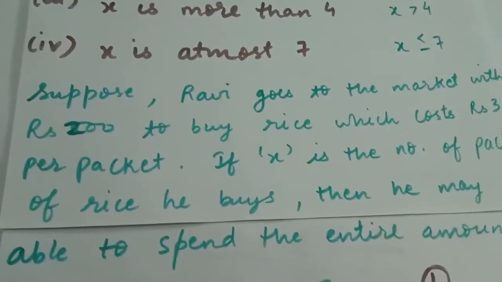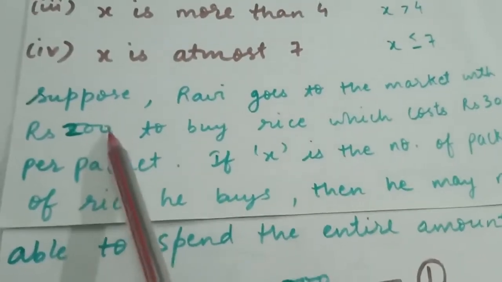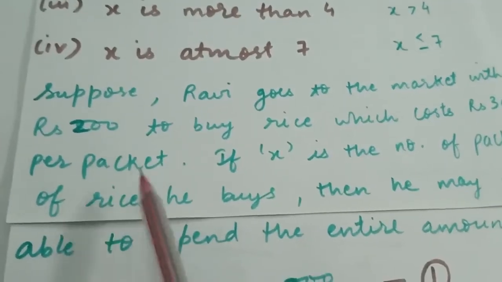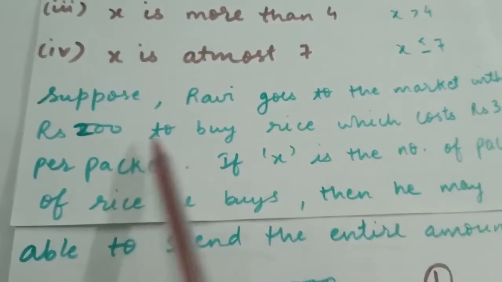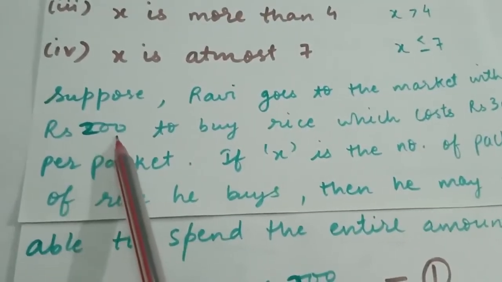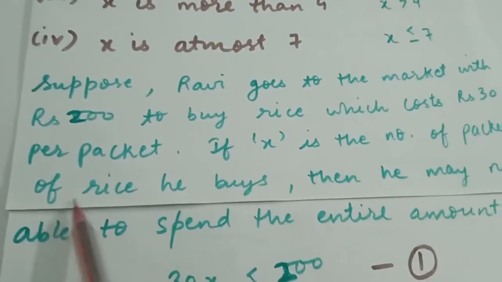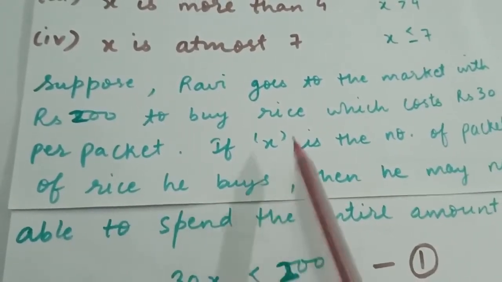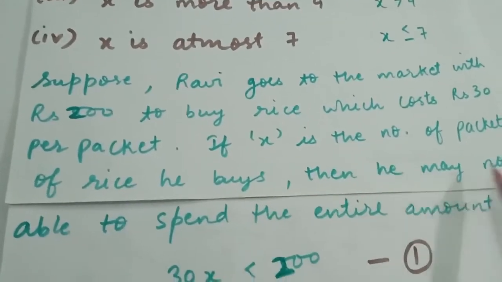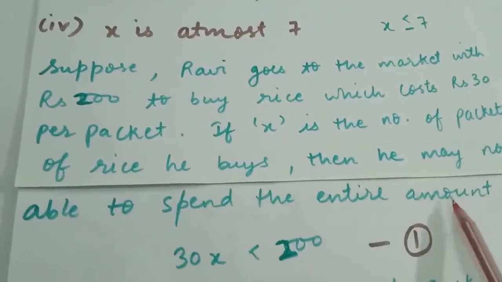Let us take one more example. Suppose Ravi goes to the market with rupees 200 to buy rice which costs rupees 30 per packet. Cost of the rice per packet is rupees 30 and Ravi has 200 rupees with him. If x is the number of packets of rice he buys, then he may not be able to spend the entire amount.